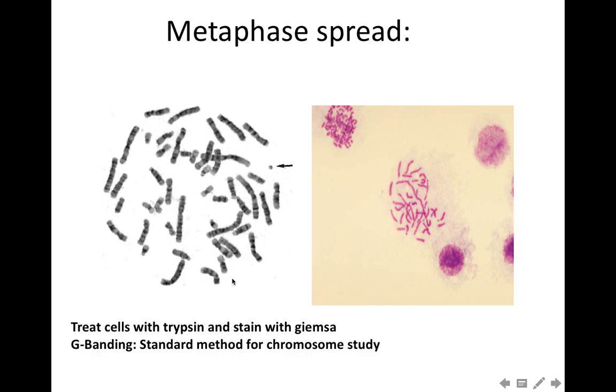And so you see the chromosomes as banding, and they are called G banding of the chromosomes. And this is the standard method for chromosome study, and we call it the G banded karyotype. This is the gold standard for karyotype.